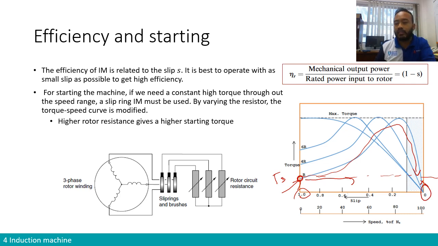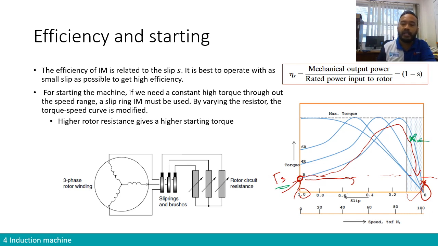That would be no problem if the load torque is very small. But what happens if our load torque is at a certain level that is higher than the starting torque? Imagine we have a load torque, or resistive torque, at this value.